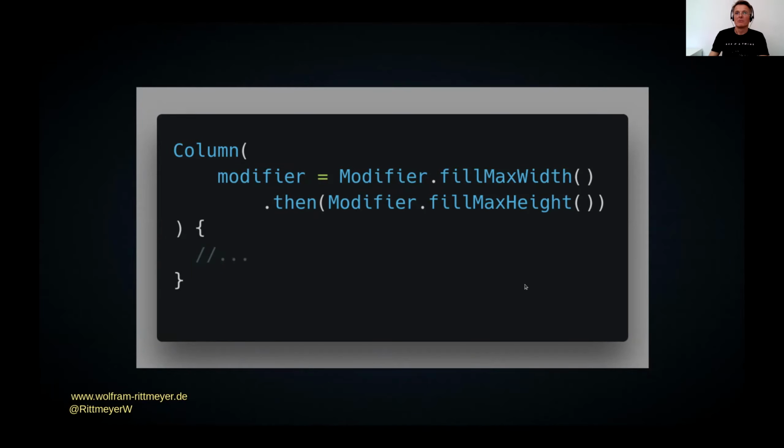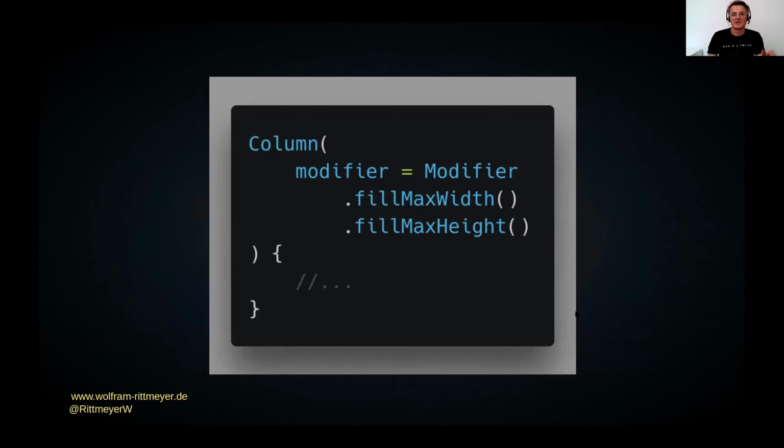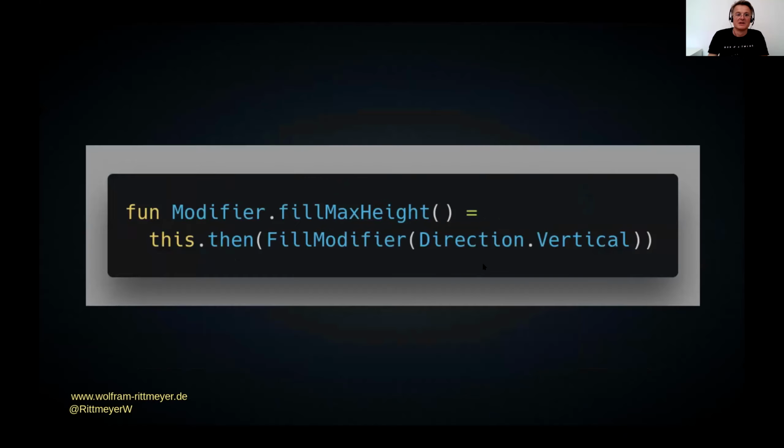And before we had a plus notation, so you could say modifier fill max width plus modifier fill max height, and they changed it to this then notation and made it even into a fluent API so that you can write it like this, and this looks much nicer. And if you look into the code of any of these modifier methods, you will see that they use this then internally.